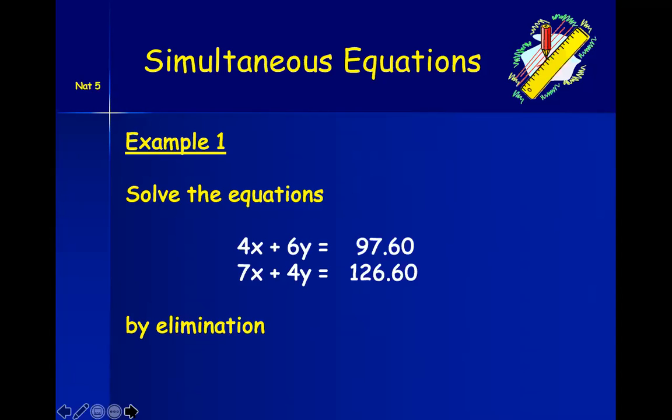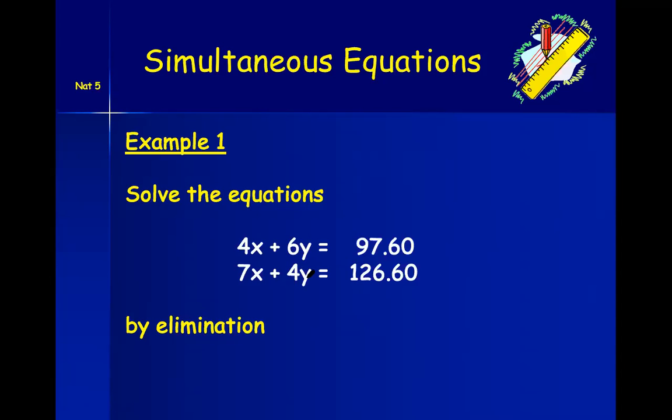So, by elimination, I've got a 4X and a 6Y, and I've got 7X and a 4Y. So I'm going to decide which one we're going to eliminate. So me, if I was given this, I'll look at 4 and 7, okay, and 6 and 4. Maybe I can make my 6Y a 12Y, yeah?